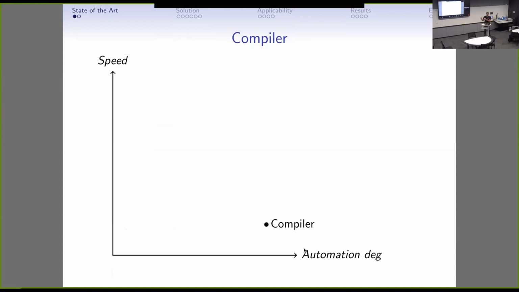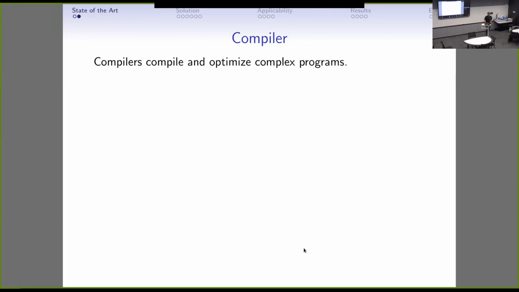But the speed is not necessarily optimal. The code that a compiler produces is not particularly fast. Whereas humans, in the upper left-hand corner, are able to optimize handwritten assembly, which is usually pretty fast, but unfortunately humans are not yet automated. So with our CryptOpt project, we're trying to push into the upper right-hand corner. Let's see how far we can push this.